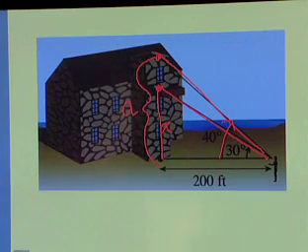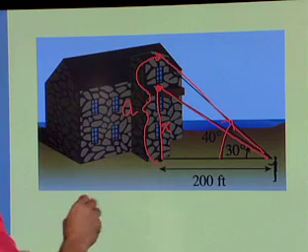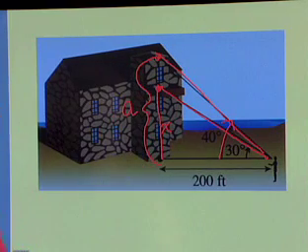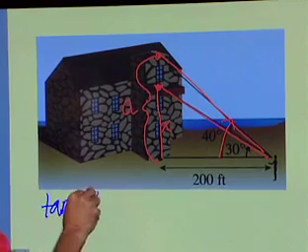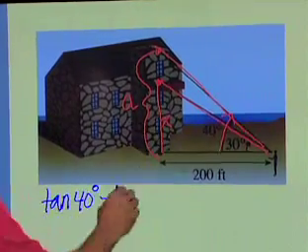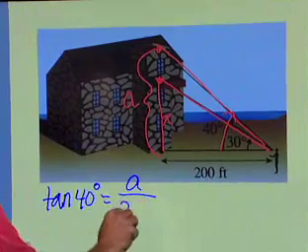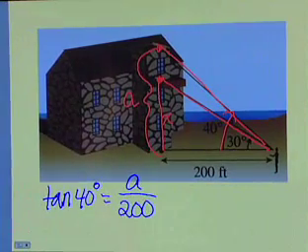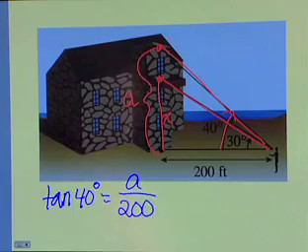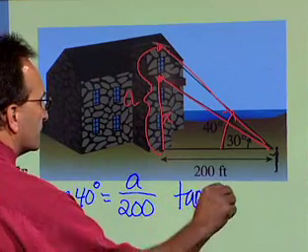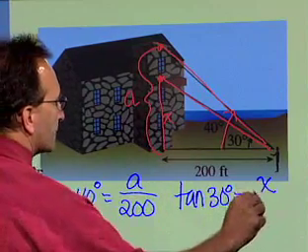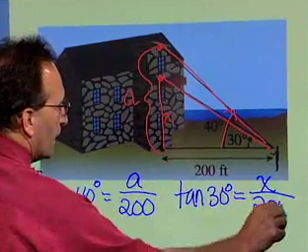All right, because now we can set up the fact that the tangent of 40 degrees is equal to the side opposite, which is A, over 200. And then my other problem would be the tangent of 30 degrees is equal to X over 200.